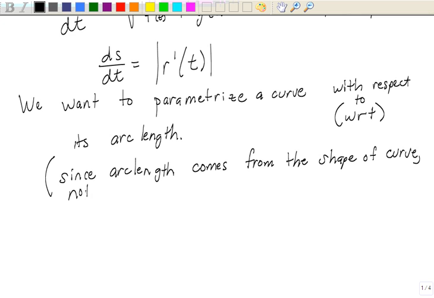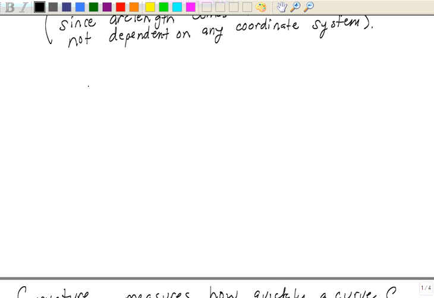It's not dependent on any coordinate system. So if s is a function of t, then we can say t is a function of s. And that's what we want.